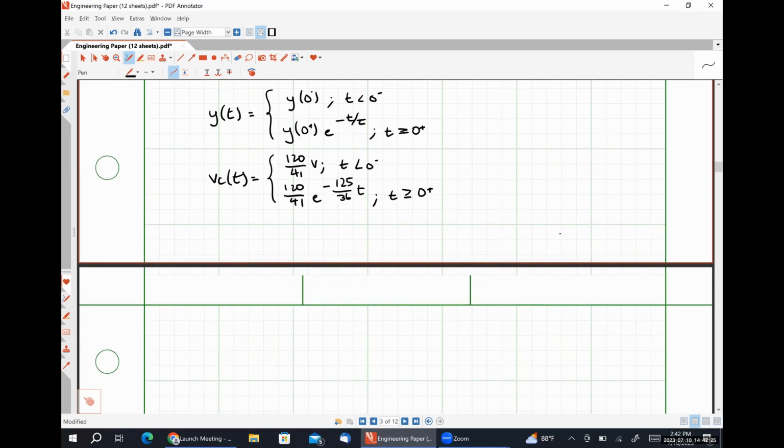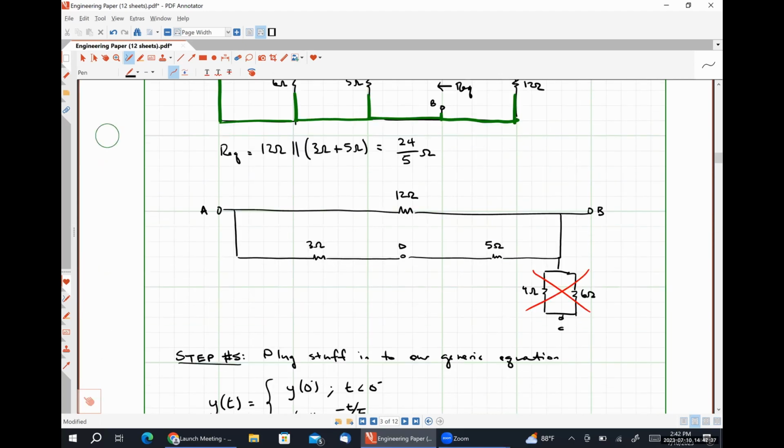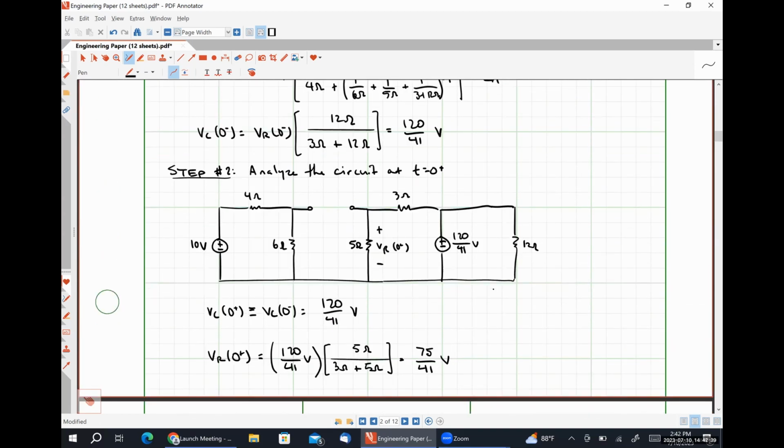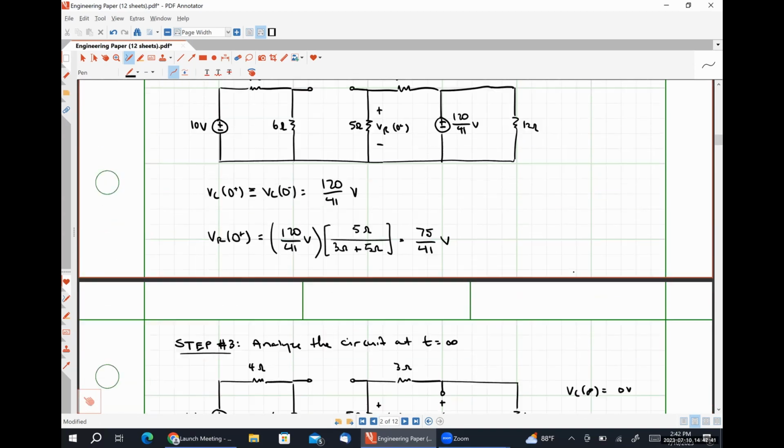And for our resistor voltage, we are going to have 140 or 150? 150.